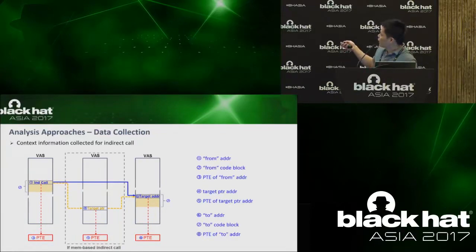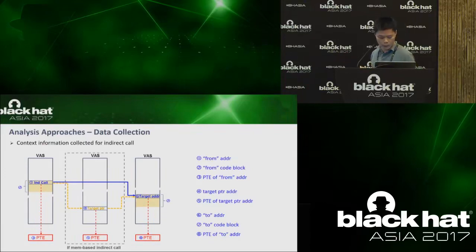Again, we collect the from address, where this memory-based indirect call takes place. We then collect the from code block, 8 bytes of information from the from address. Then we collect the PTE of the from address. After that, we collect the function pointer itself and the page table entry of the function pointer.